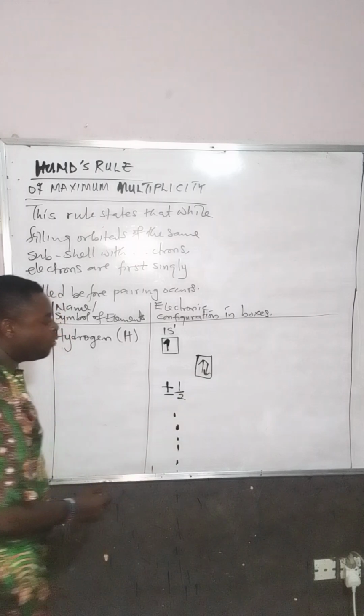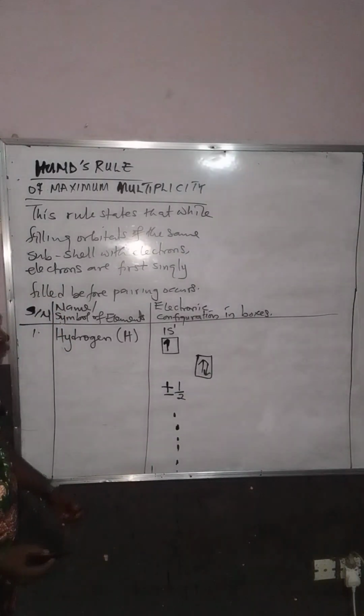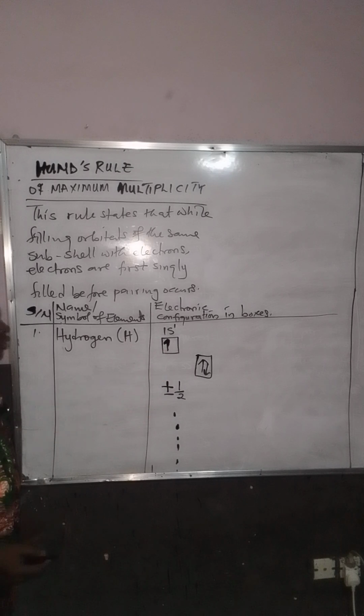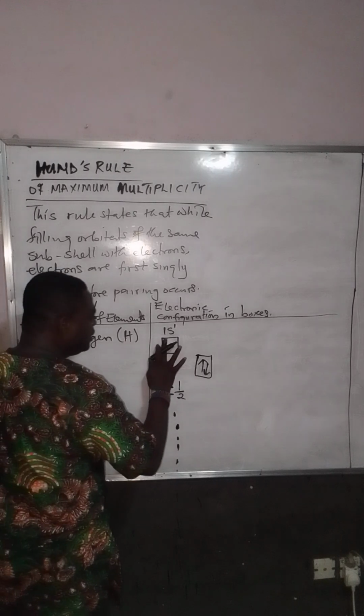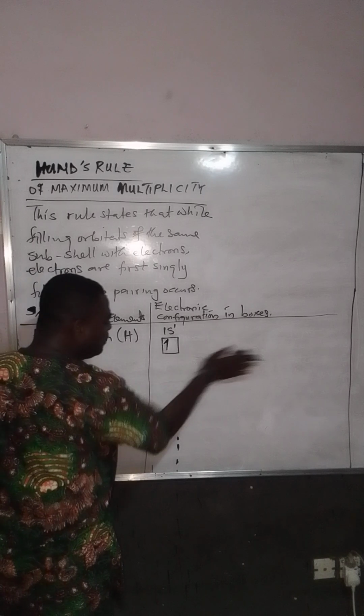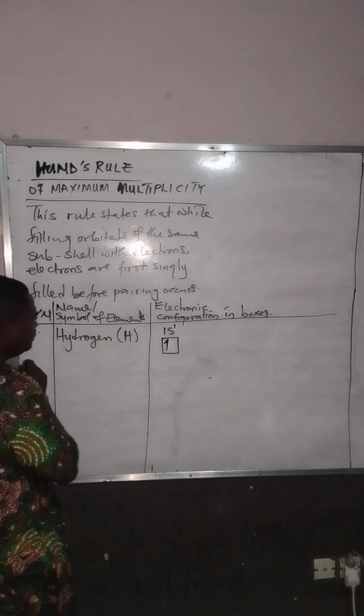When you get to quantum numbers, you will understand what I'm talking about here. Half arrow, not a full arrow. The arrow we are beginning with is going up.